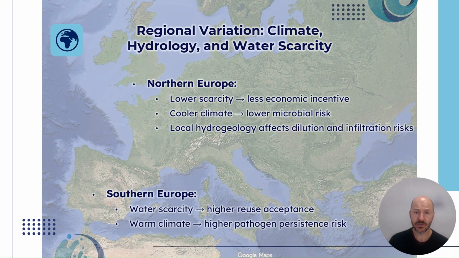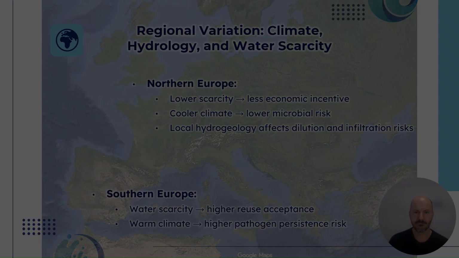However, warmer temperatures promote pathogen survival and regrowth in treated effluents, increasing microbial risks if disinfection and monitoring are inadequate. Evaporation losses and higher nutrient loads can further affect reuse system performance. Consequently, southern regions must balance the urgent need for alternative water sources with robust risk management to safeguard public and environmental health.